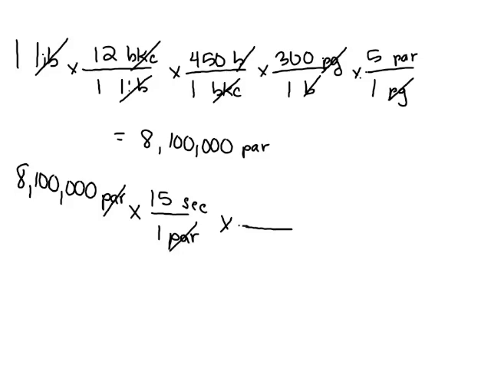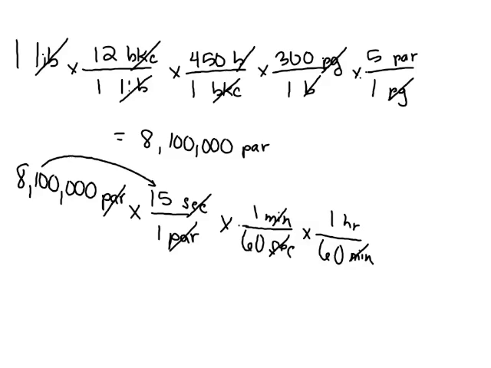Okay, so what's the conversion seconds to minutes? 60 seconds in 1 minute. So then seconds cancel. I'm left with minutes. What's the conversion in minutes to hours? 60 minutes, 1 hour. So then minutes are gone. So how many hours will it take? So 8,100,000 times 15, and then divided by 60, divided again by 60.